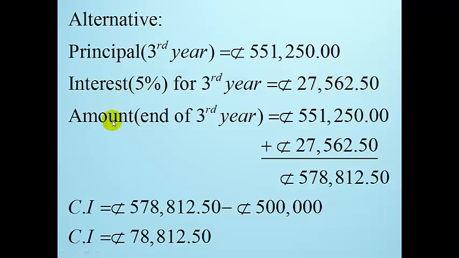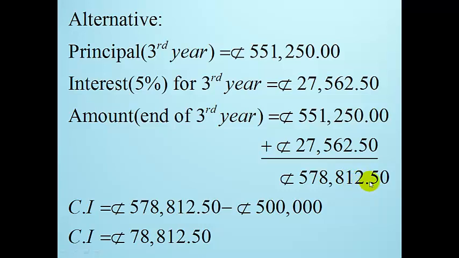So if you want to know the amount at the end of the third year, then it means that we have to add the principal for the third year to the interest at the end of the third year. And that means that the amount at the end of the third year will be equal to 551,250 cedis plus 27,562 cedis, 50 pesos.